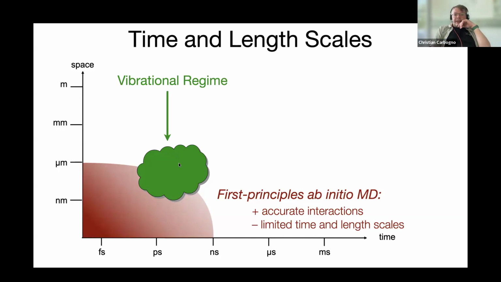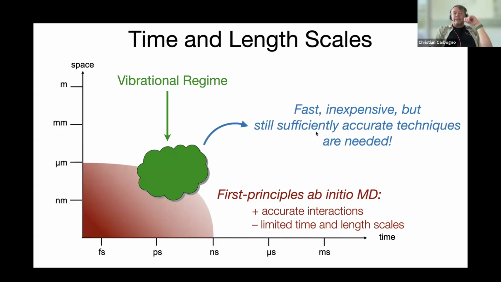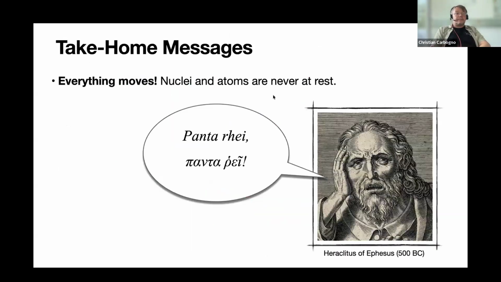So to reach really this thermodynamic limit up here, to look at effects that last over nanoseconds and range over microns, we need a fast, inexpensive technique, but that is still sufficiently accurate that we can build on the ab initio technique and try to assess this thermodynamics. So this already brings me to my first take-home message. Remember, everything moves.